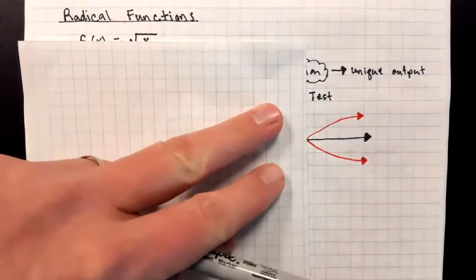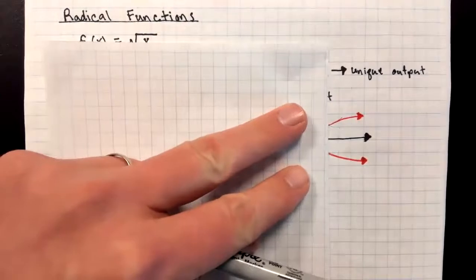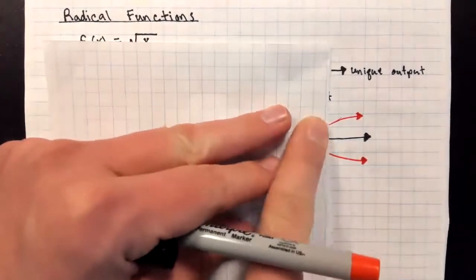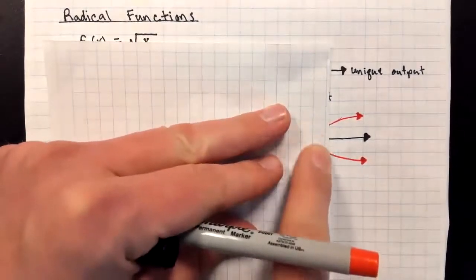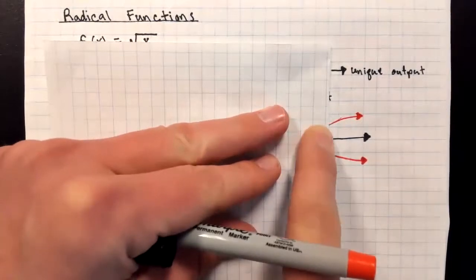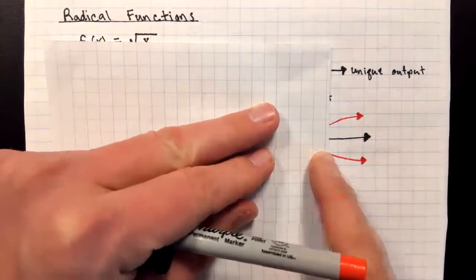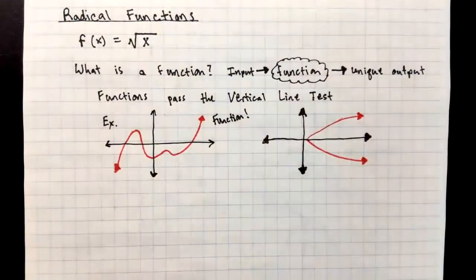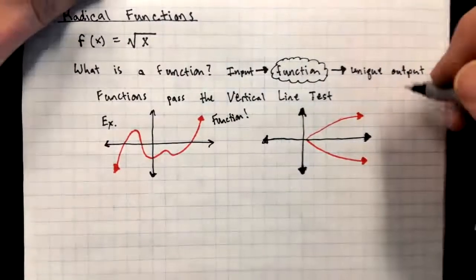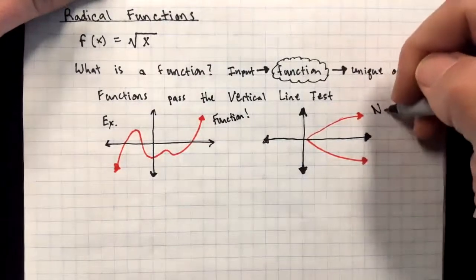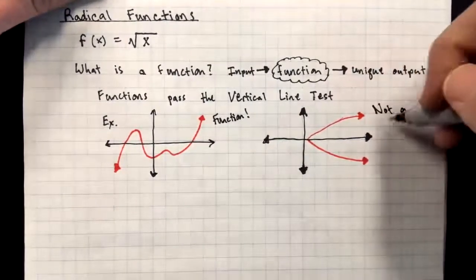But if I start to move this vertical line over, you see like right here, that means it is not a function. There we go. That absolutely means this one is not a function.